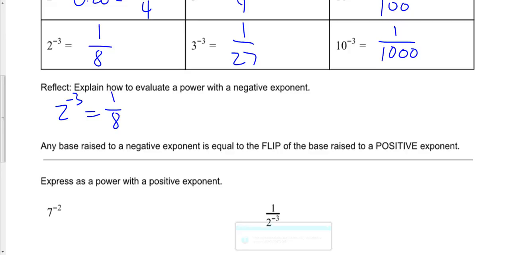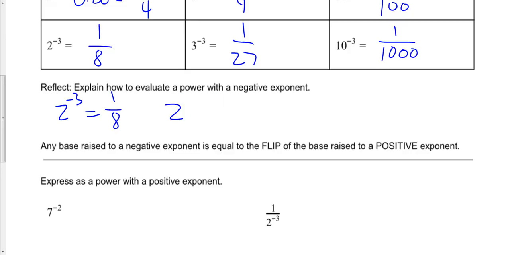Well, that's very similar to the exponent positive 3 on the flipped base, 2/1 cubed, which is 8. So what ends up happening is that we're flipping the base. We're evaluating it and flipping it.